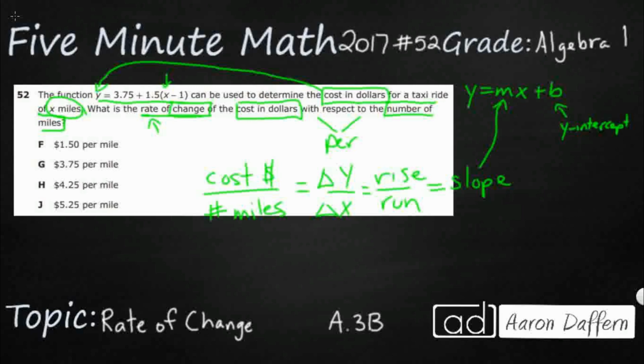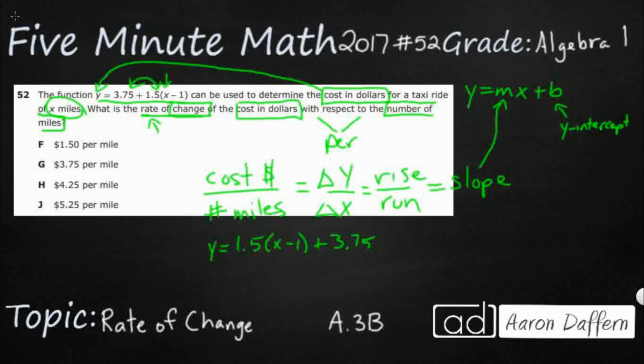All right, so first off, let's go ahead and flip these two terms so they're in the correct order. So I've got y equals, now I'm going to put the 1.5 x minus 1 plus 3.75.